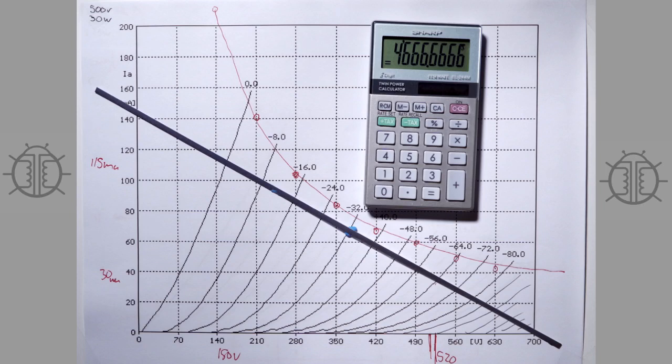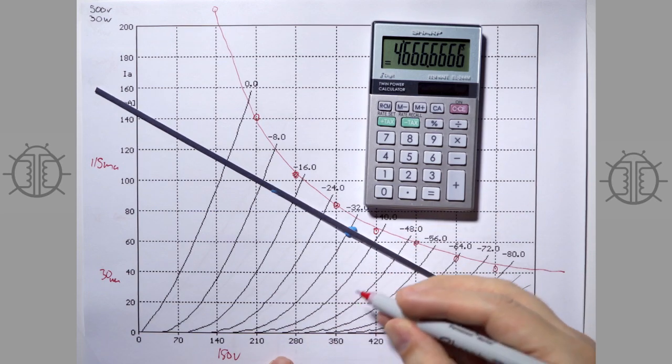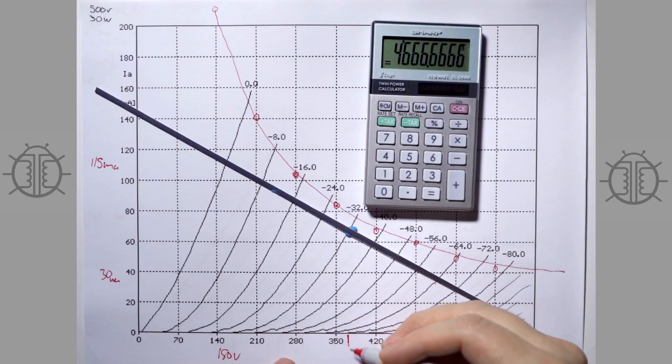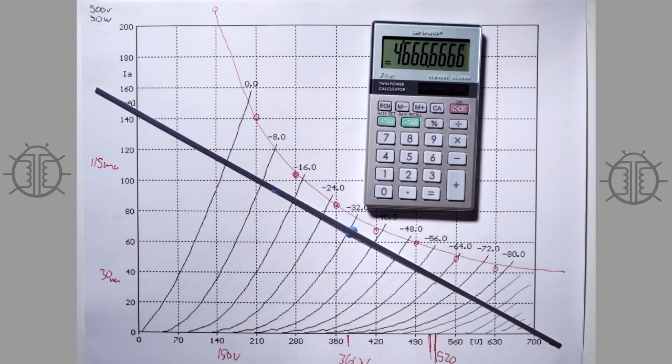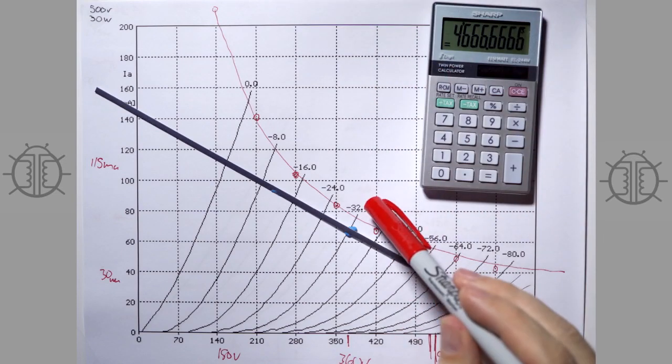I'm getting 4.666. So a 4.5 or a 5K output transformer, and you can see that our DC operating point is about 360 volts, and our grid is at about -32.